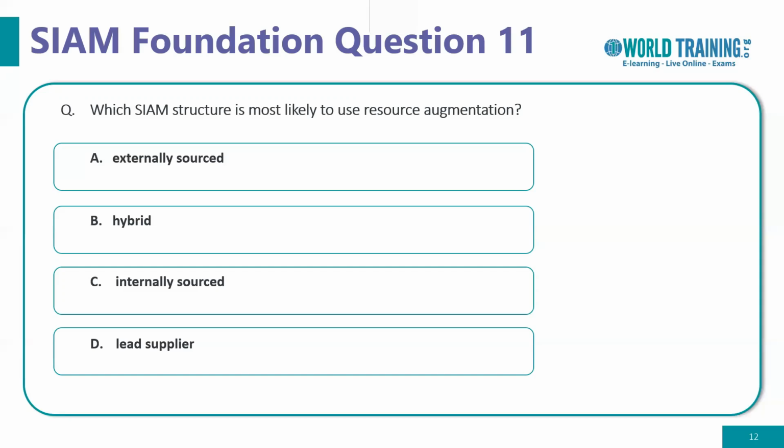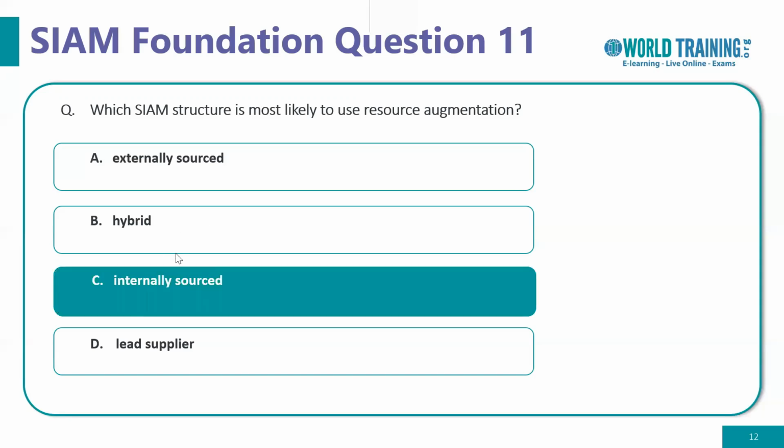External source is irrelevant. Internally sourced is most important, because that's where you decide cost efficiency. That's where you augment the resources within the IT organization and form up the SIAM organization.